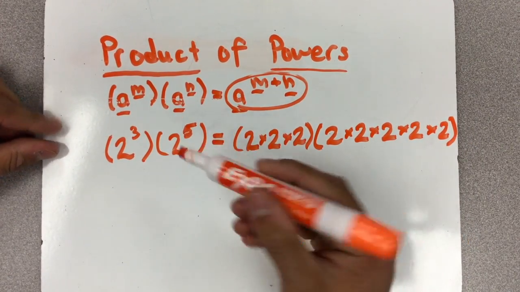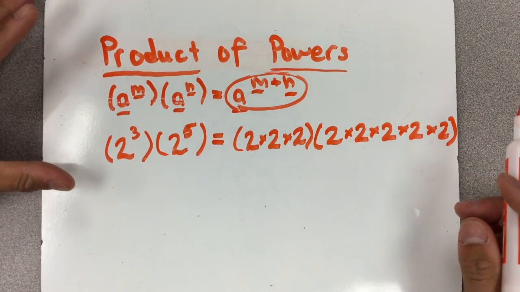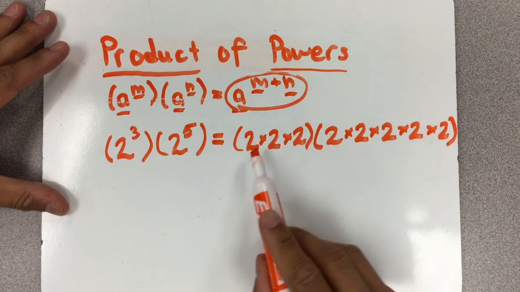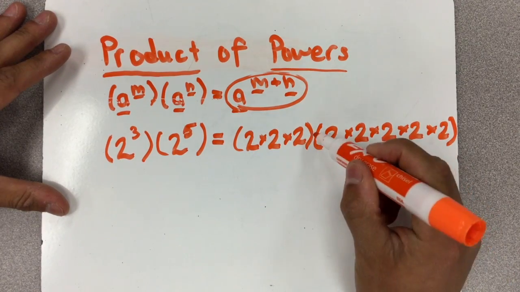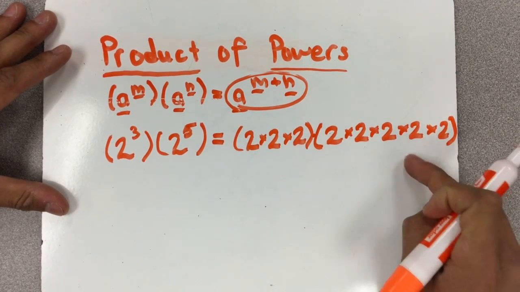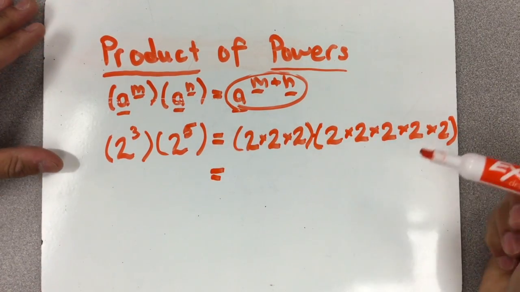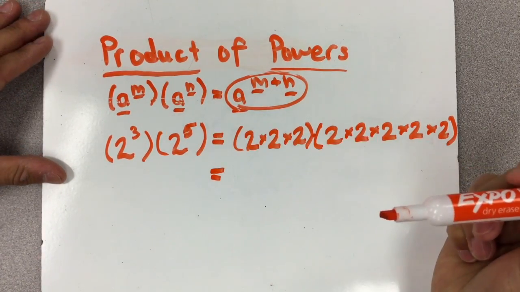Remember that all these exponents are doing is showing repeated multiplication. And so if I multiply repeated multiplication, then I'm really just repeating the multiplication by however many times my exponent tells me to.